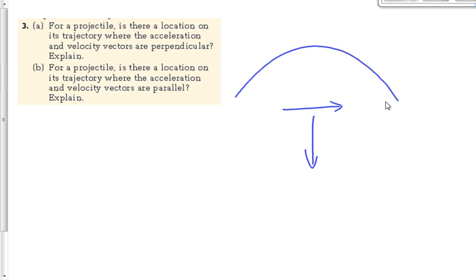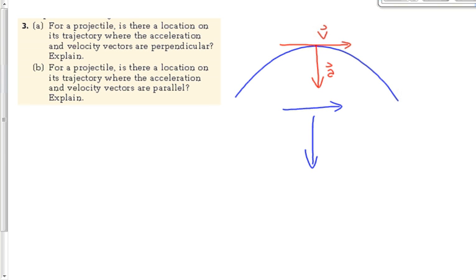Horizontally, it goes at the same speed. Vertically, it slows down, stops. So at the top of the arc, you've got only horizontal velocity. And of course, you've still got vertical acceleration because you always have vertical acceleration. So at the top of the parabola, the acceleration would be downward, the velocity would be horizontal. They're going to be perpendicular to each other.